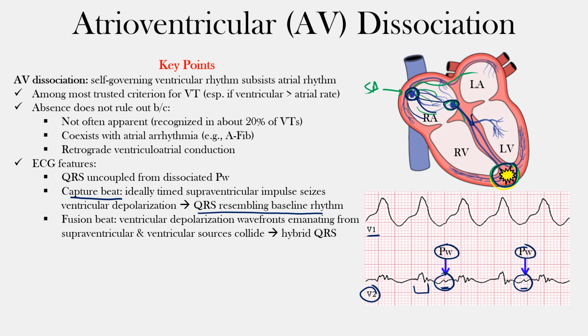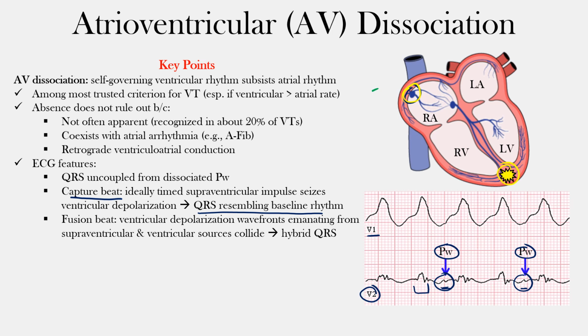Now in the case of a fusion beat, this is where ventricular depolarization wavefronts emanating from a supraventricular and a ventricular focus collide and create a hybrid QRS complex that shares the morphology of the ventricular depolarization characteristic of the VT and the baseline rhythm. Imagine you have an atrial or supraventricular rhythm, let's say coming from the sinus node, and also a ventricular focus.